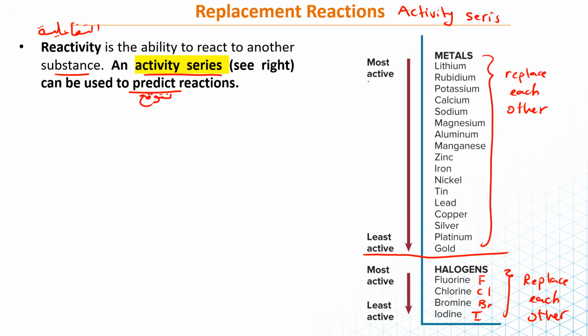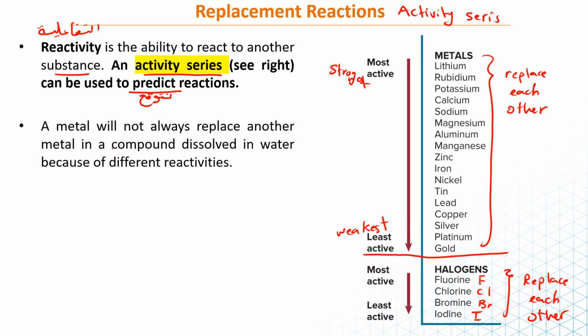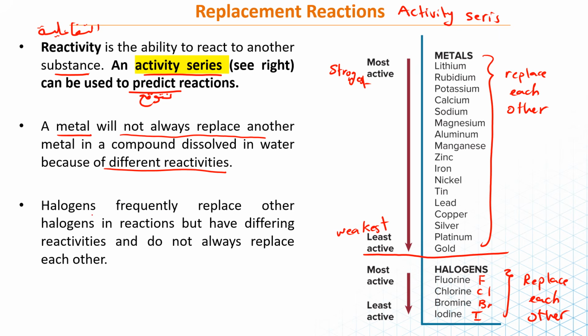Up here the most active يعني ال strongest و least active يعني ال weakest. So a metal will not always replace another metal in a compound dissolved in water because of different reactivities. And halogens frequently replace other halogens in reactions but have different reactivities and do not always replace each other.